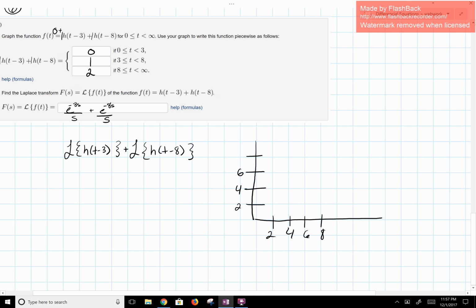And we know that at 0, so right here, this function is moving from 0 to 3, and then it jumps up at 3 to go from 3 to 8 at 1, and then at 8 going all the way to infinity, it's at 2. Don't mind my circle points here. They are probably incorrect.